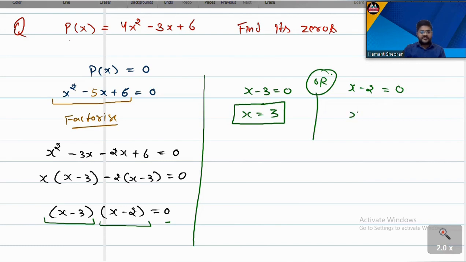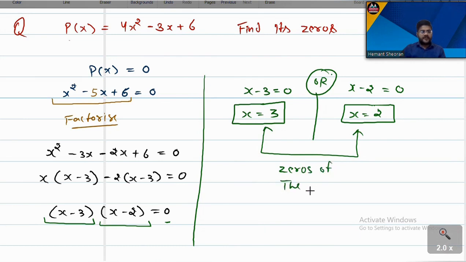If this is 0, the value for x is 2. Get it or not? These two values are the zeros of the polynomial, or of p of x. Any confusion out there?